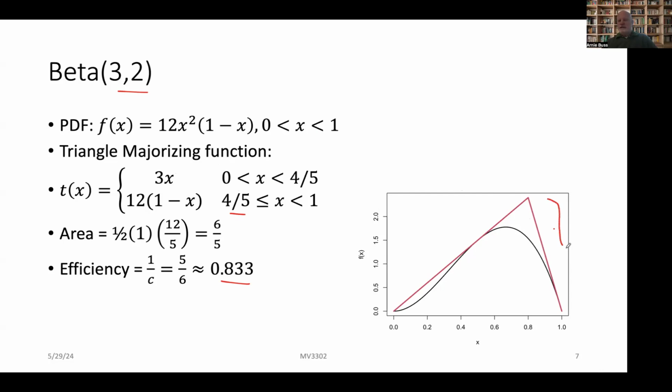We get that by plugging into our majorizing function. Our base is 1, so the area is 1/2 the base times the height, which turns out to be 6/5. And so the efficiency is 5/6, which is approximately 0.8 something. Generally you want to shoot for something like 80% or bigger.